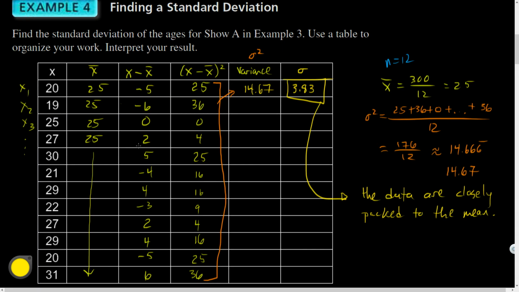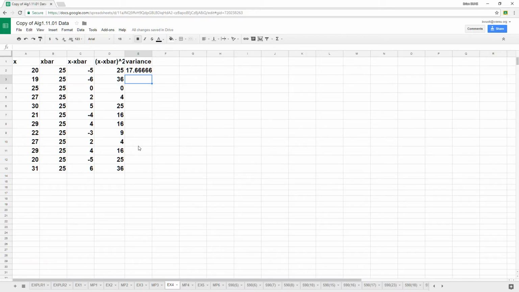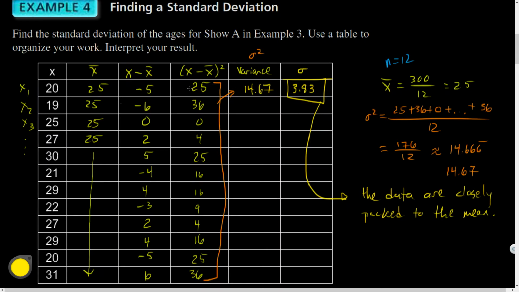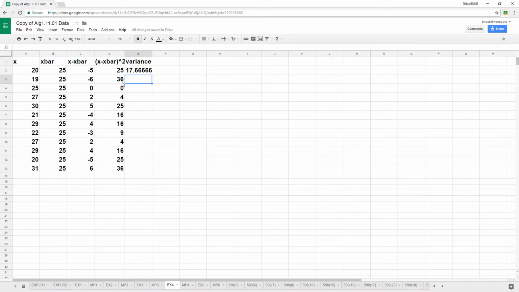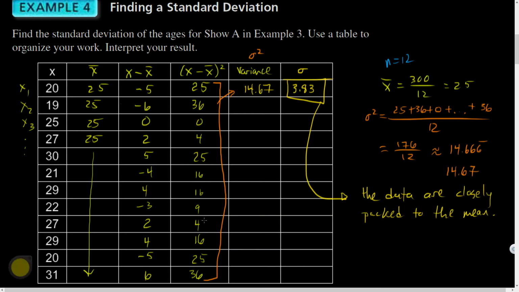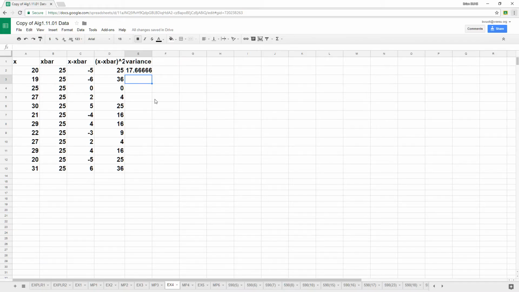Guys, do you see an error in my calculation? 9, 4, 16, 25, 36? Yeah. Wait a minute. 25, 36, 4. 25, 36, 4. 25, 16, 16, 9. That's weird.